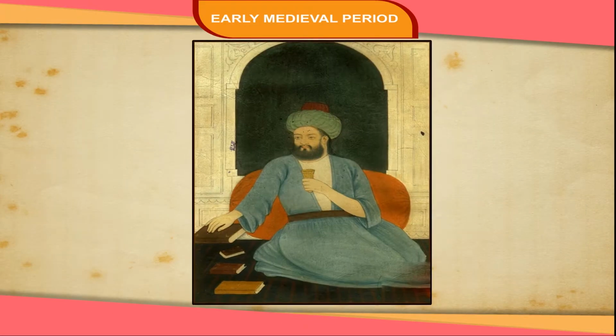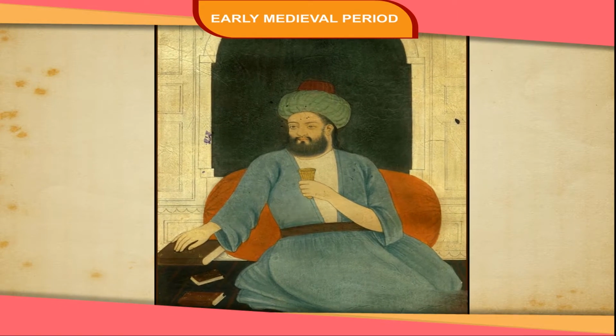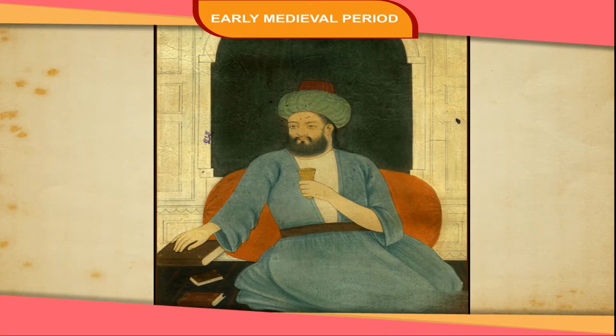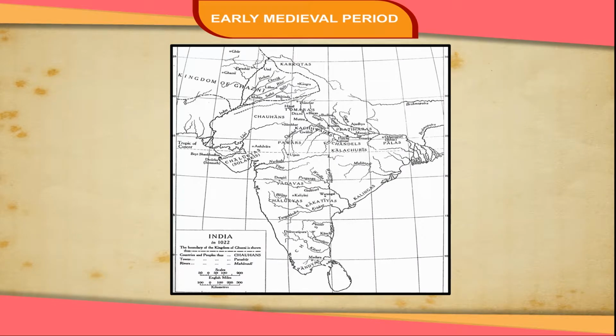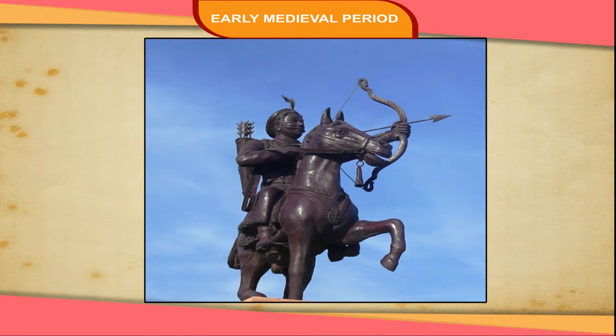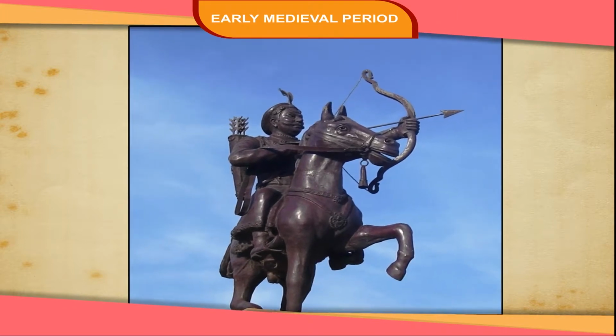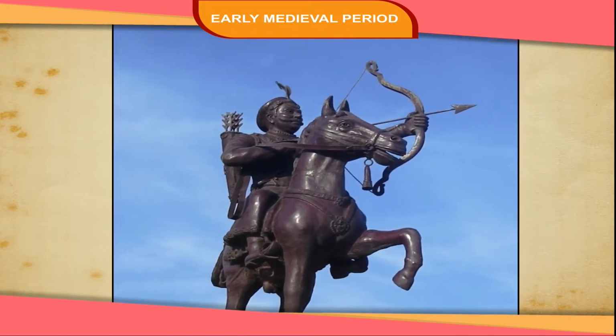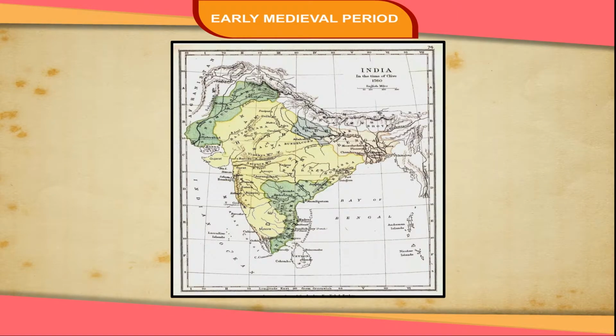Mohammed Ghori was another important Muslim ruler who made his influence felt in India. He ascended the throne of Ghazni in 1173 CE, made Punjab his base, and was ready for a campaign towards Delhi and Ganga Valley. Meanwhile, the famous Indian ruler Prithviraj Chauhan ascended the throne of Ajmer in 1178 CE and occupied Delhi after defeating the Chandelas.